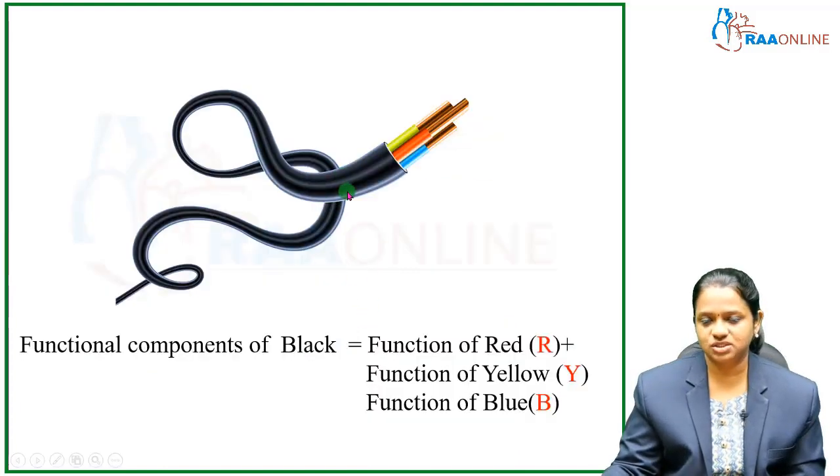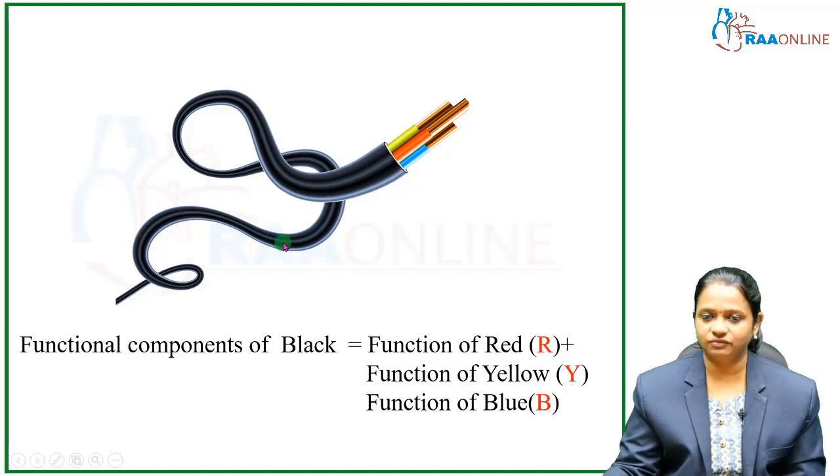Let's consider this wire as a cranial nerve. This cranial nerve has many individual cranial nerve fibers, that are axons. Each nerve fiber can have only one particular function. So this yellow fiber can have only one function, that is Y, and this red fiber can have only one function, that is R, and this blue wire can have only one function, that is blue.